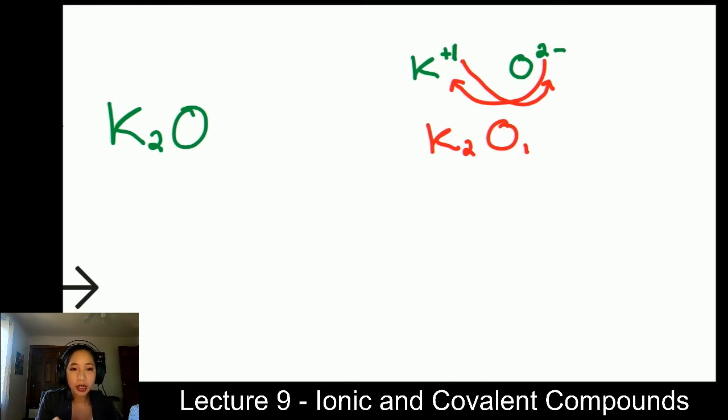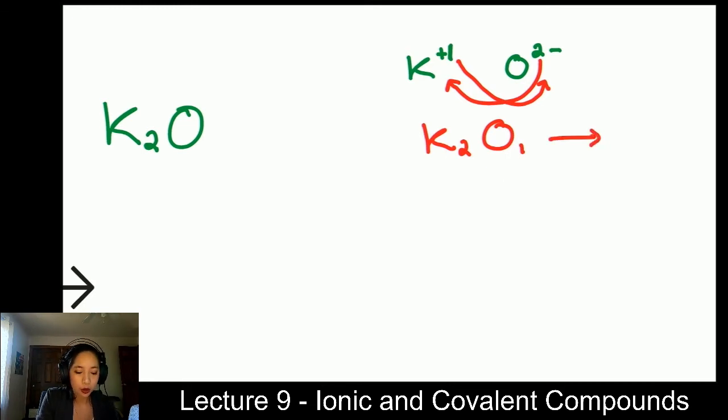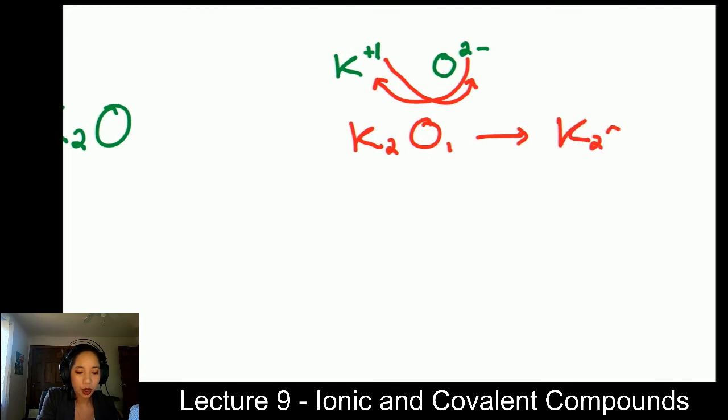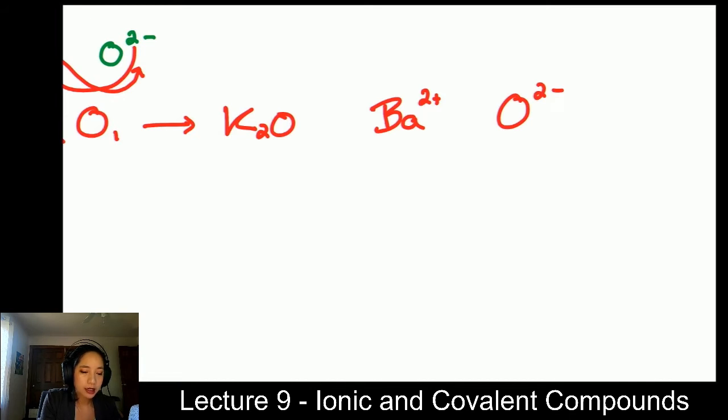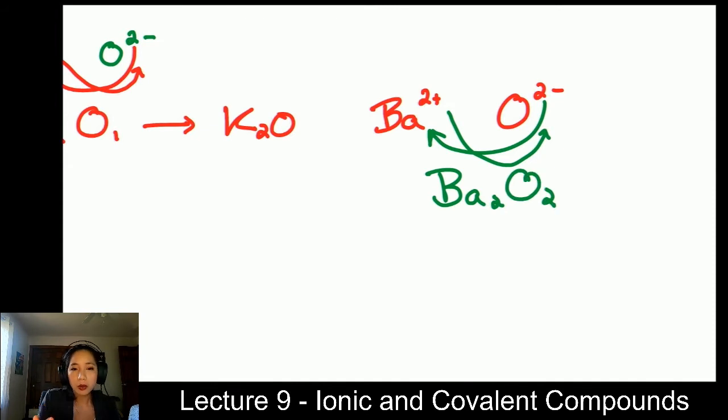But we don't include ones, so this would actually be K2O. That's another way that you can do it, and you always want to simplify the formula as much as you can. So if I had something like barium 2+ and oxygen 2-, and we just switched the charges and made them the opposite subscript, this would be barium 2, oxygen 2, but we can simplify that.